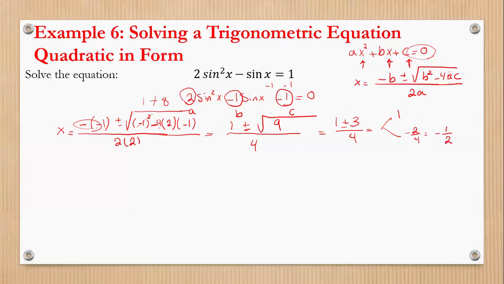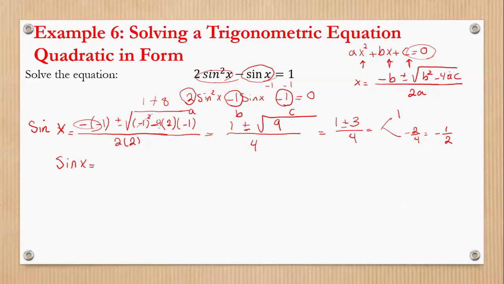But these are not my x, because the whole equation was not based on x. The variable in my equation was sine x. The sine x had a second degree. The sine x had a first degree. So instead of putting x for the solution, we have to put sine x. So when I say the answer is 1, that means the sine x must be equal to 1.